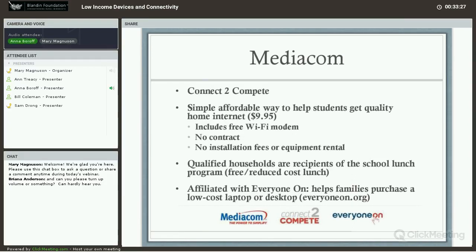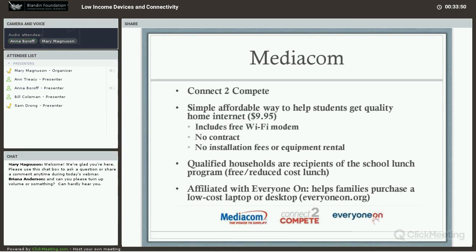Mediacom, similar to the other programs, they participate with the national program that I'm going to talk about here in a minute. Their program is called Connect to Compete. It's what they offer in terms of how their company works to close the digital divide. It's $9.95 a month. They include that free Wi-Fi.